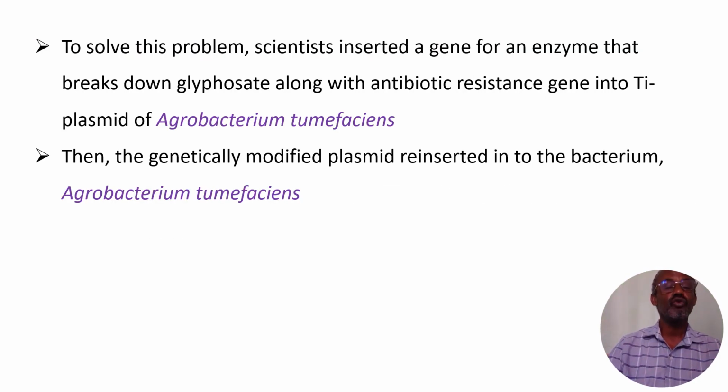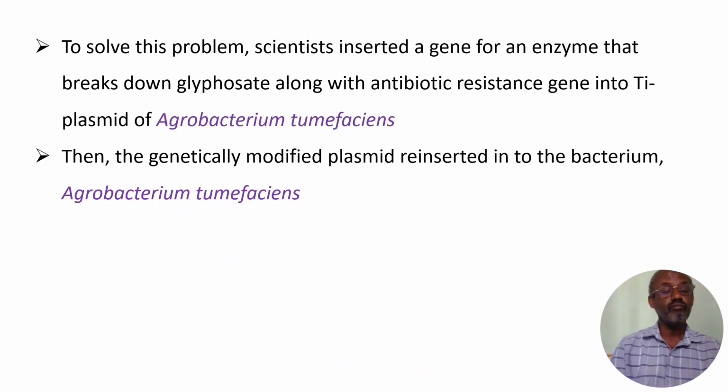So, to solve this problem, scientists inserted a gene for an enzyme that breaks down glyphosate, along with an antibiotic resistance gene, into the Ti plasmid. Imagine the same bacterium is being used to transfer the gene, the Ti plasmid of Agrobacterium tumefaciens. Then the genetically modified plasmid is reinserted into the bacterium.